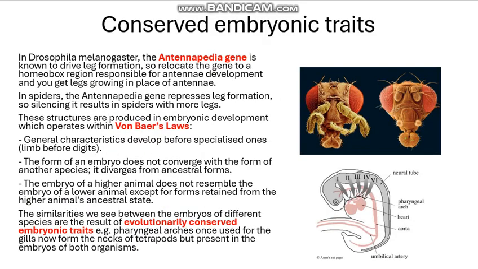Say you get mutations in the antennapedia gene, and let's just say by random translocation the gene responsible for leg development, the antennapedia gene, randomly gets reintegrated into the antennae homeobox region, and then you'll get flies with legs growing out of their faces, where antennae should be.